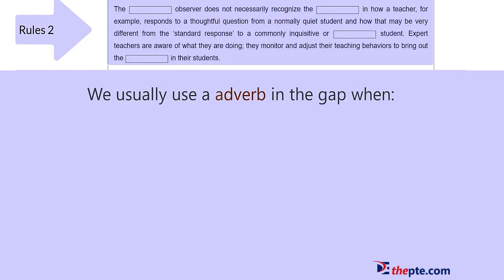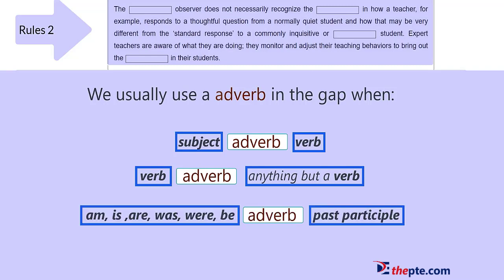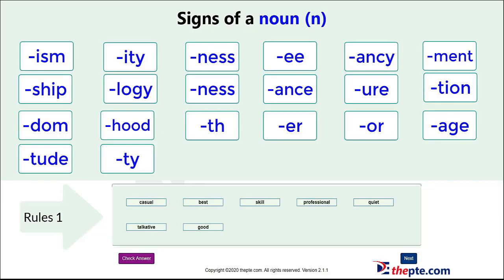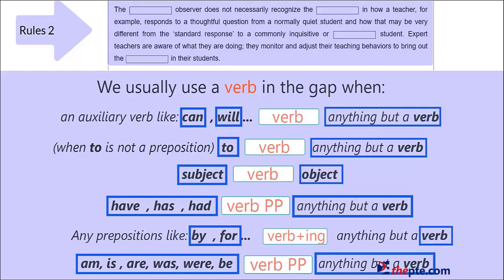And finally, we use an adverb when we have the following words before and after the gap. So now let's put these rules to test by doing some fill-in-the-blanks reading items.